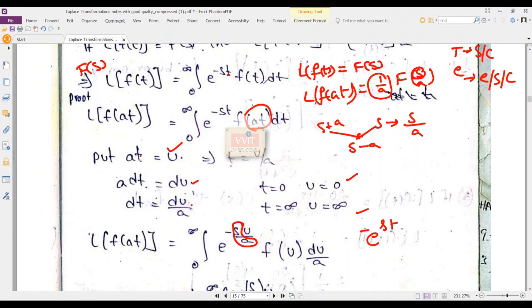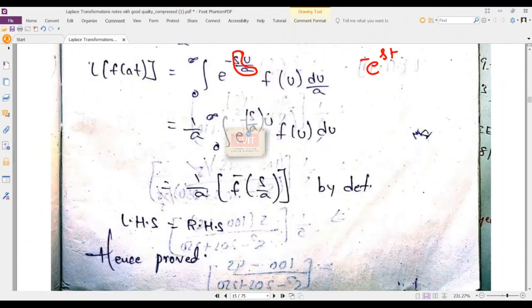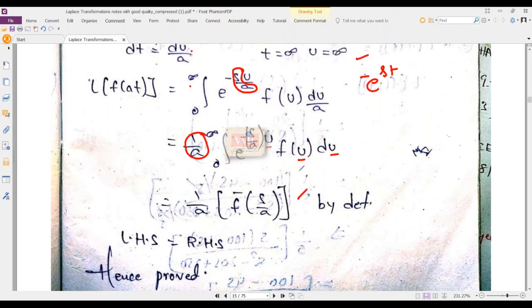So this is t and this is t. Then f of this one I can write in the same logic with u: I need to write f of s by a. This 1 by a is a coefficient, taken outside. This 1 by a times this is f of s by a. That's the change of scale property.